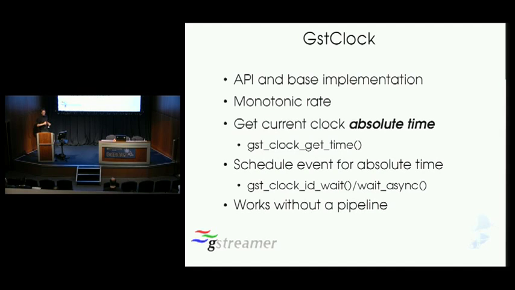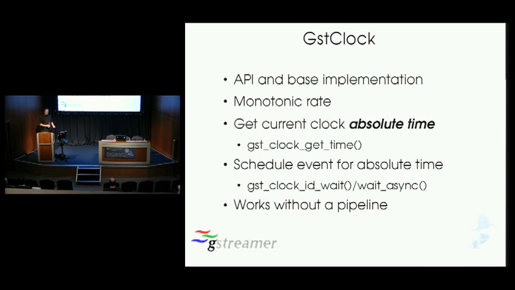If I get the time on that clock at a regular interval, the difference between the values that it returns must be constant. So it has an API, gst_clock_get_time, and it'll give me an absolute time: 5 million ticks, or if I'm using an audio clock, God knows how many samples since you started the sound card, something like that.